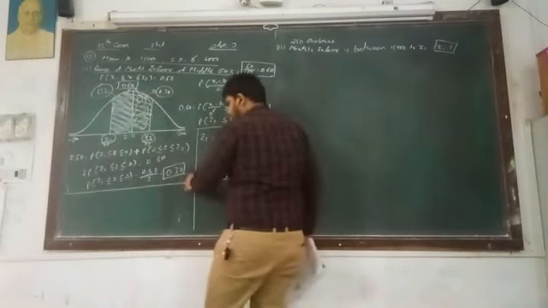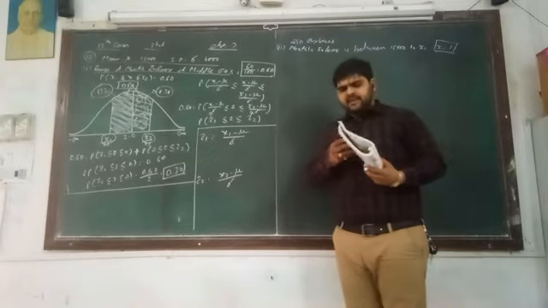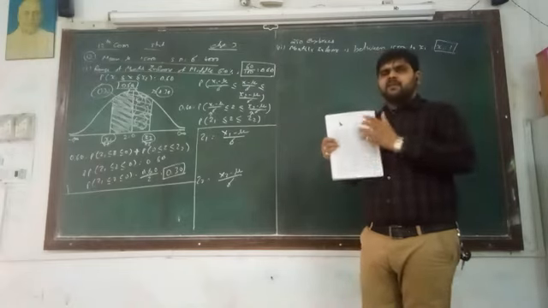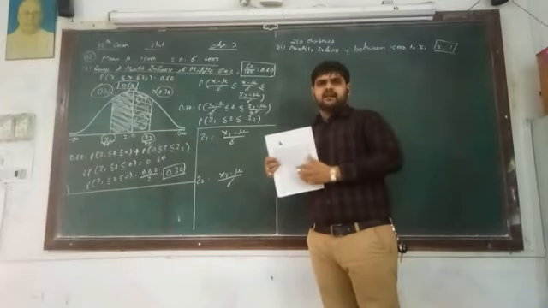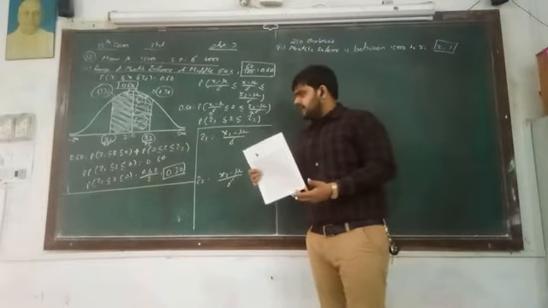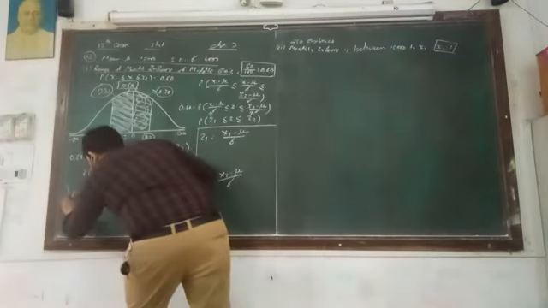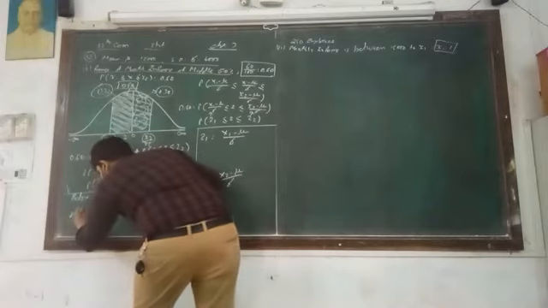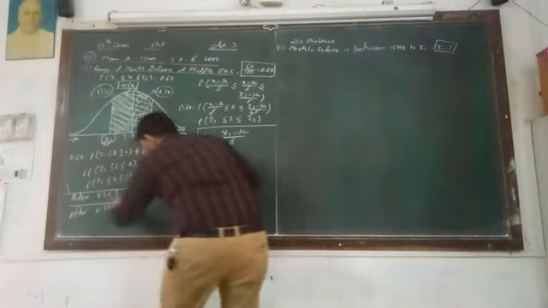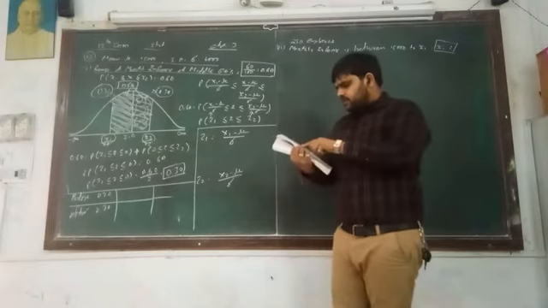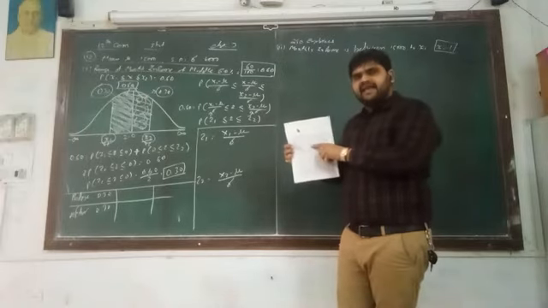Now, 0.30. On the basis of the z table, we have to find out the value of z1. Here we can see before 0.30 and after 0.30, and here we can see 0.2995.